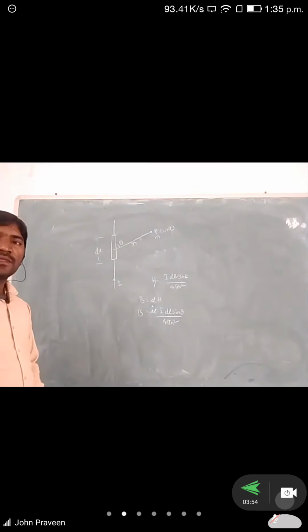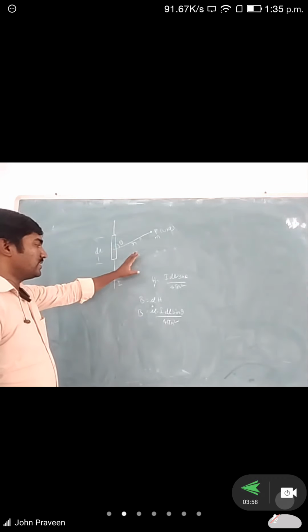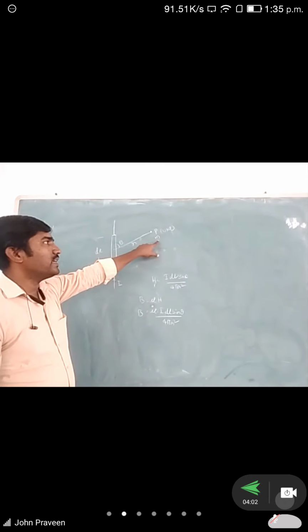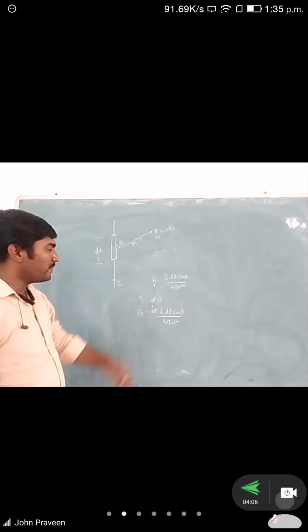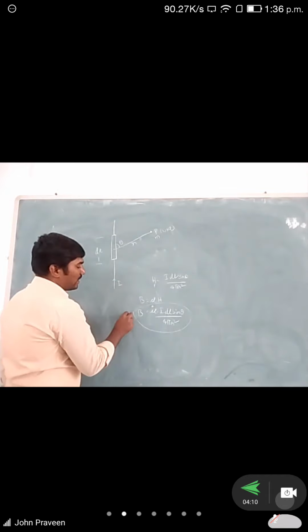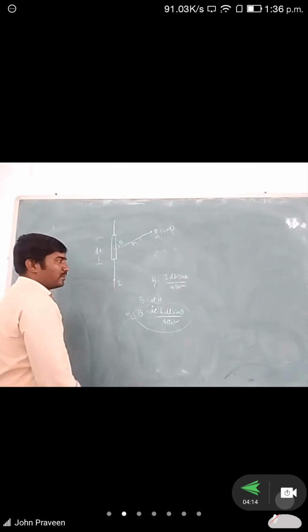But this is only for the small portion we have selected. If you want to find the location P, it also has a pole strength, small m. We assume this entire portion as M2 and the one at P as M1.